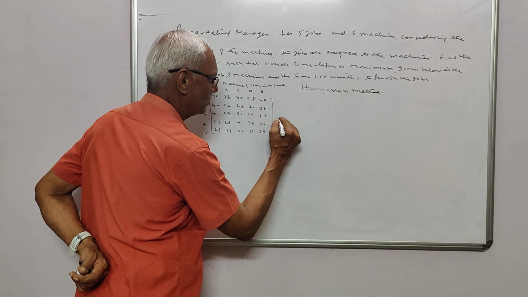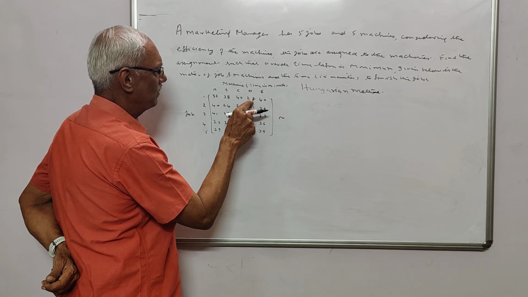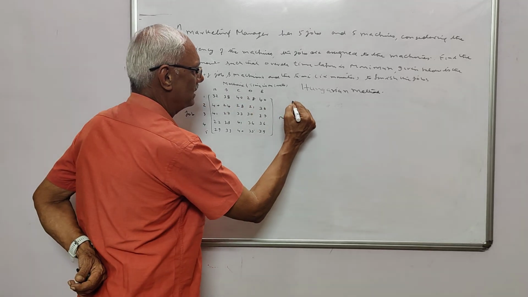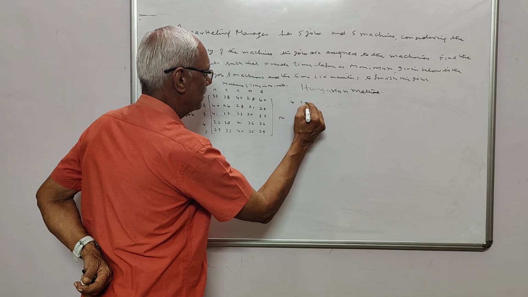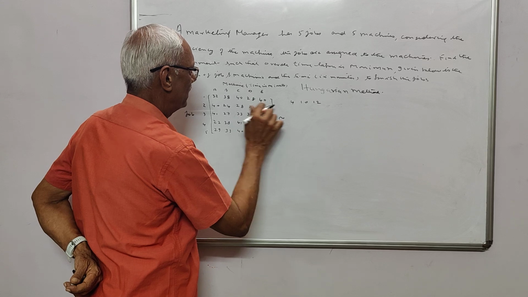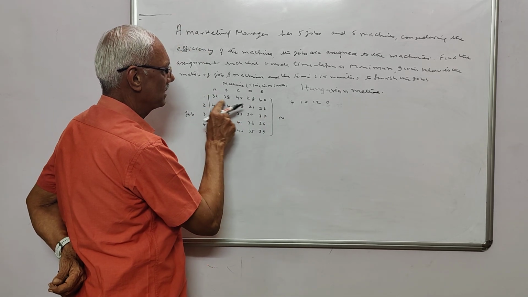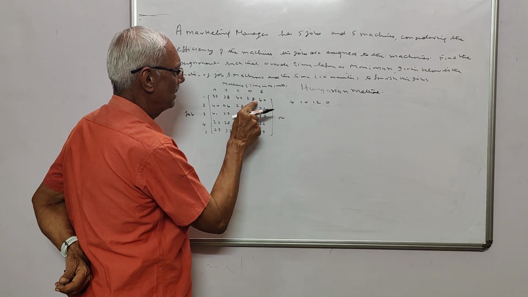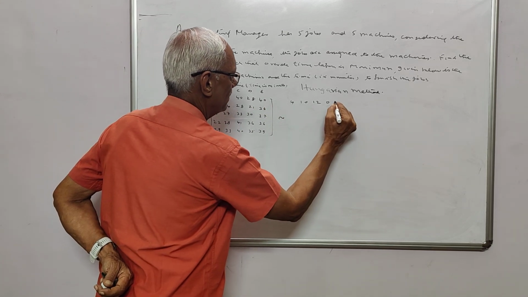Now this is equal to this one you can write. Now choose the minimum of this. So your minimum of this is 28, take this 28 from every element. So it is 4, and it is 10, and it is 12, and this is 0, and it is 12.